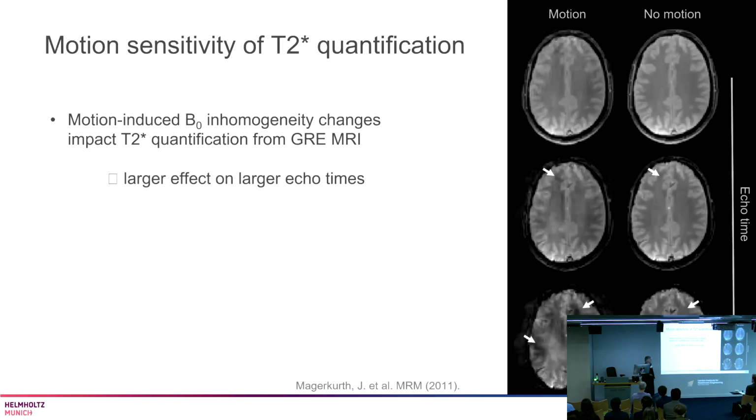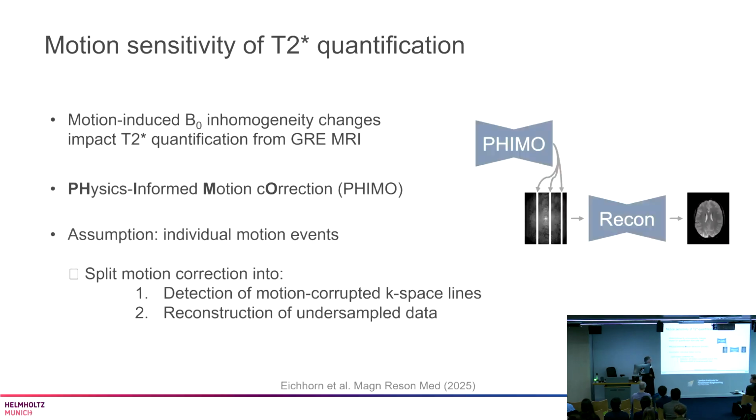Starting from that, Hannah Eichhorn, my PhD student, who's just finishing, looked at this and introduced FIMO, a physics-informed motion correction method, where the assumption is that the motion happens individually across the scan time. We were inspired by some earlier work I've done here at King's with Ilka Oxus and Andy King, where we said, well, if we know which k-space lines are corrupt and we can detect them somehow, we can just remove them.